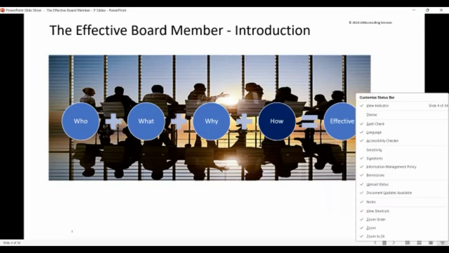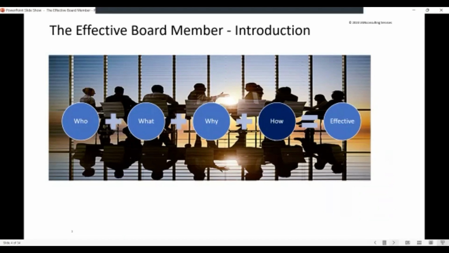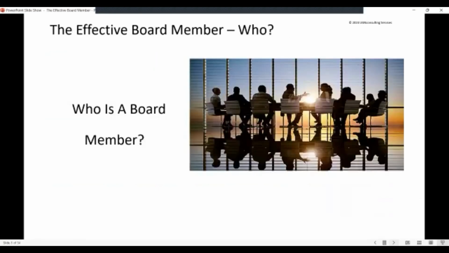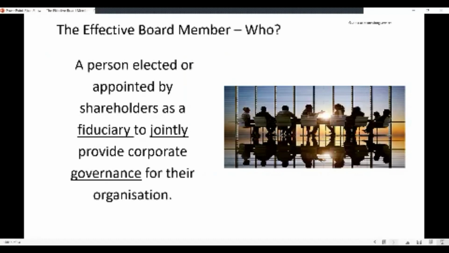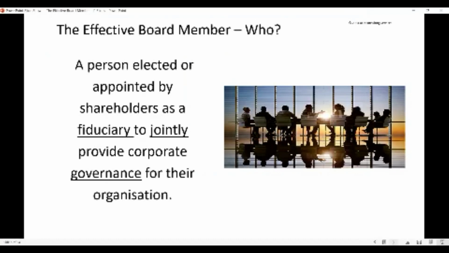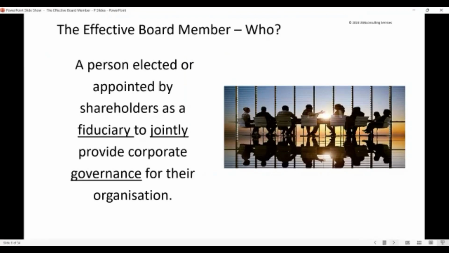So who is a board member? A board member is a person elected or appointed by shareholders as a fiduciary to jointly provide corporate governance for their organization. The key points there are fiduciary, jointly, and corporate governance.